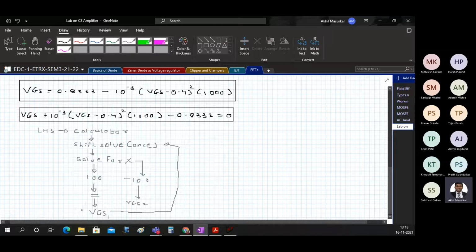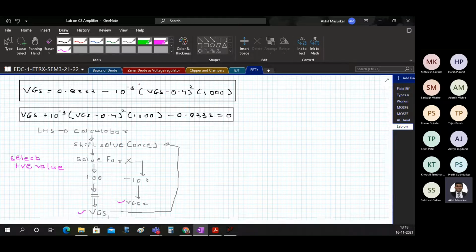Whichever value is positive, select the positive value. So tell me, what are the values of VGS? Come on.